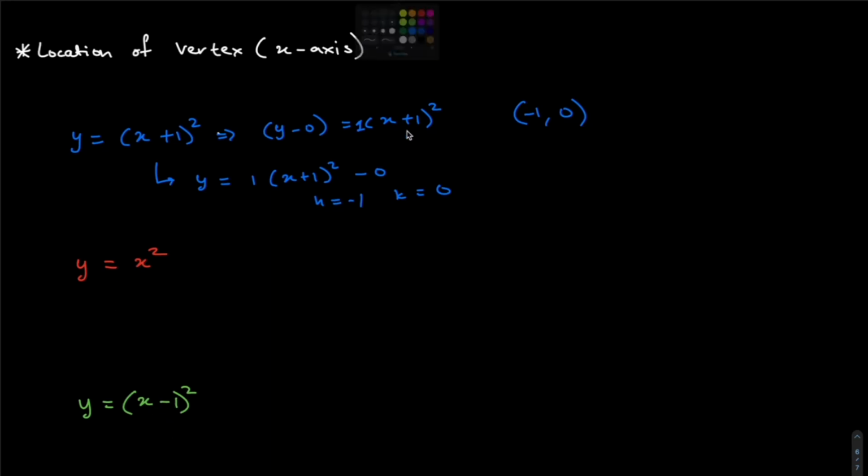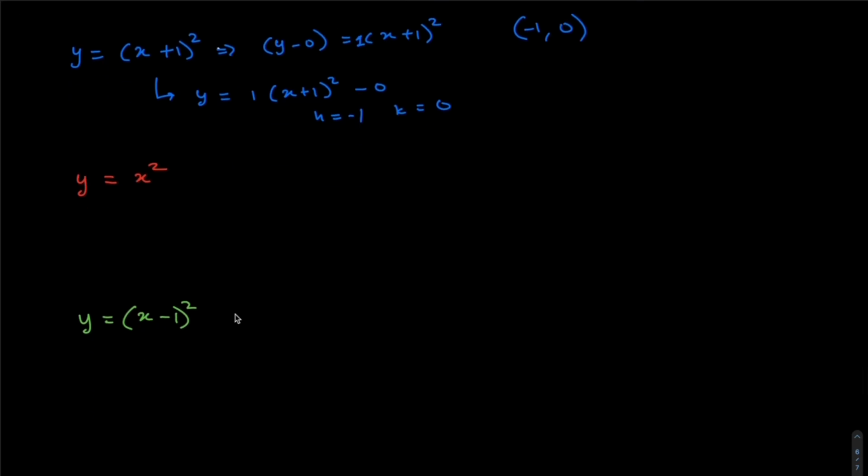Now let's look at this one in green, right? Again, I'm going to use the first form because I liked it a little better. So I have y minus 0 is equal to 1 times x minus 1 whole squared. So here my vertex is 1 comma 0, like this. Similarly, you can say h is 1 and k is 0. It doesn't matter.